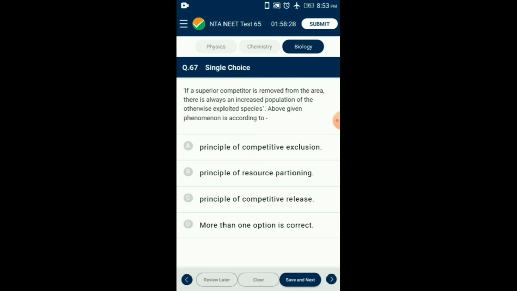Removal of the superior Balanus led to a rapid rise in the population of the inferior Chthamalus. This is called competitive release. So the answer is option C, principle of competitive release.